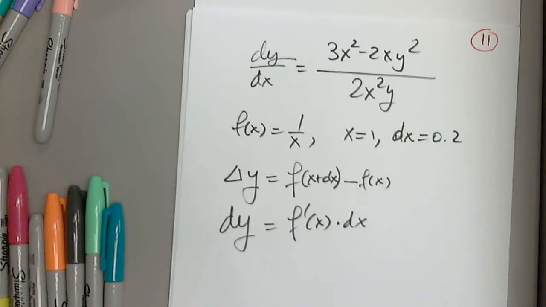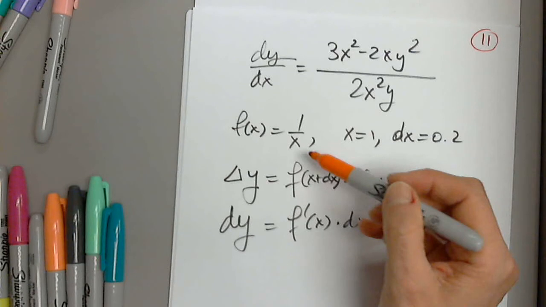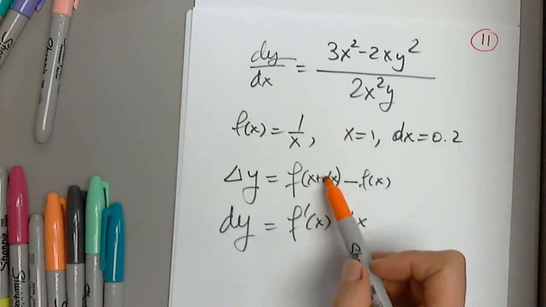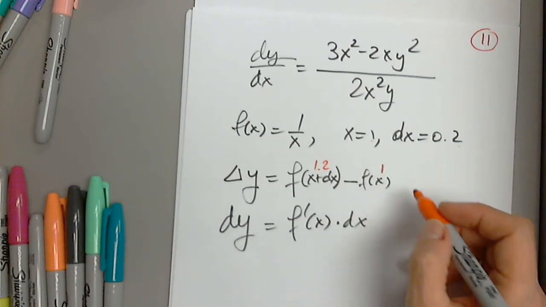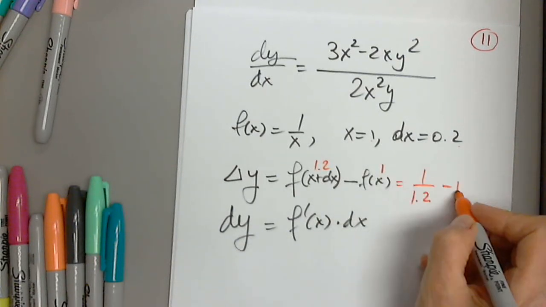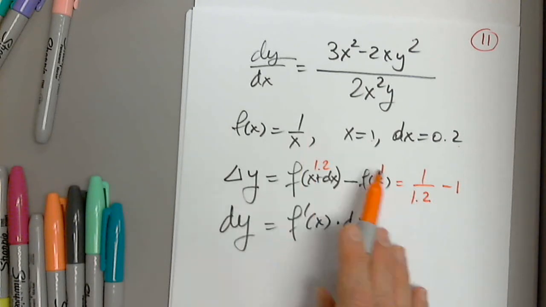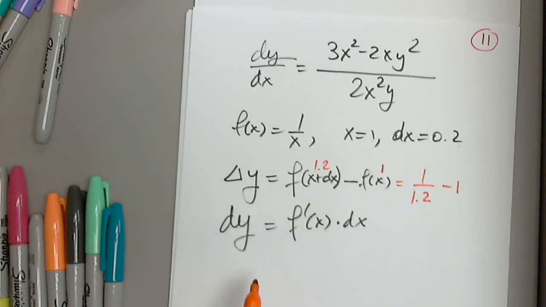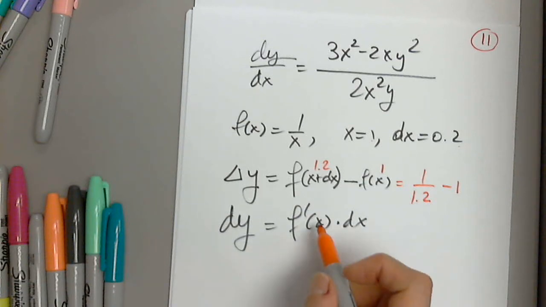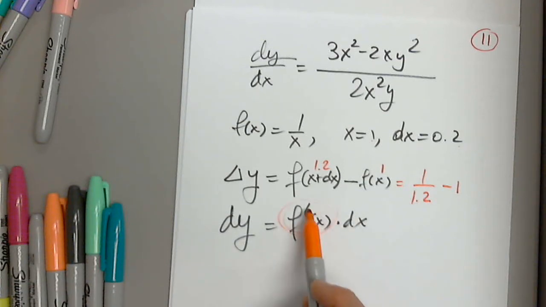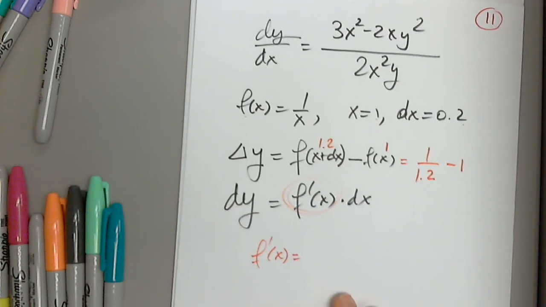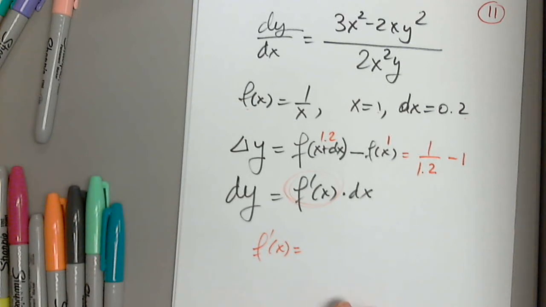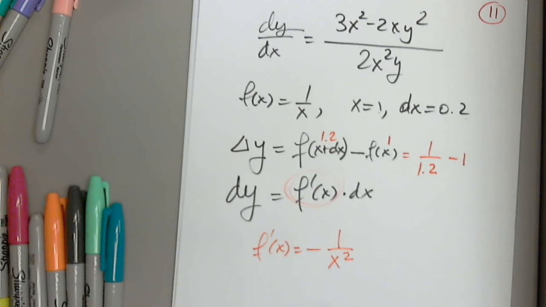So all I have to do is just plug it in. So f of x plus dx will be 1 plus 0.2, and I plug in here 1.2. Here I plug in 1. So this is 1 over 1.2 minus 1 over 1. For this one, however, I have to find f prime first. So f prime of this function we know is negative 1 over x squared.